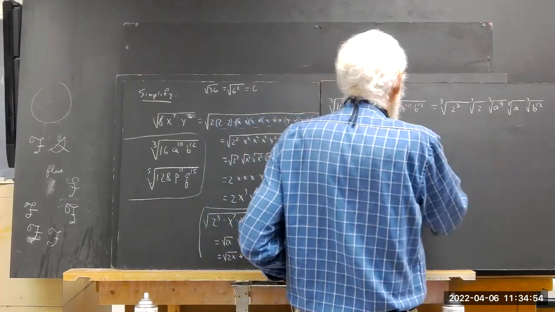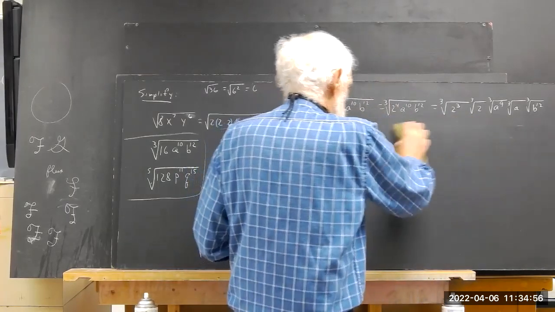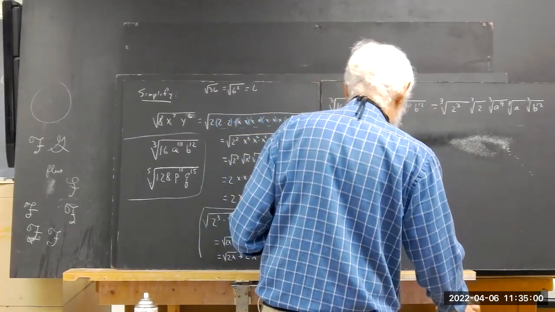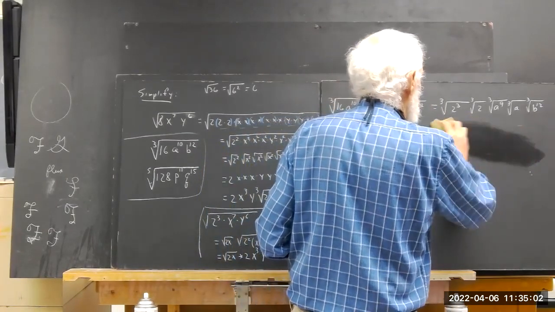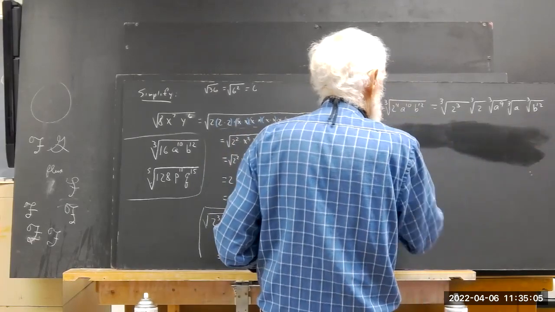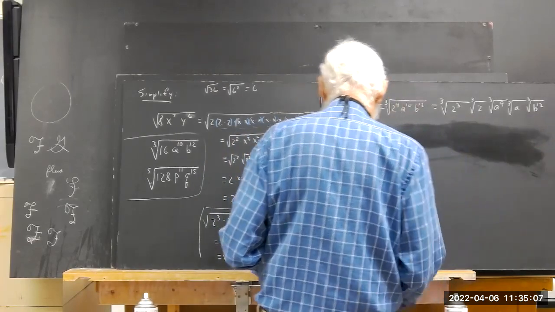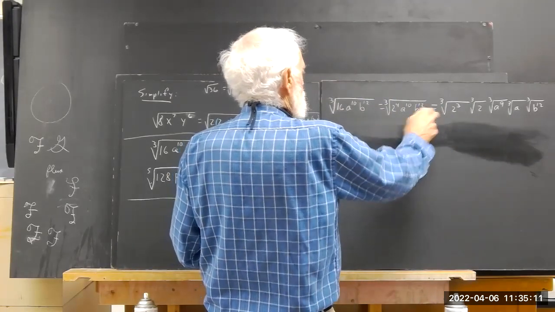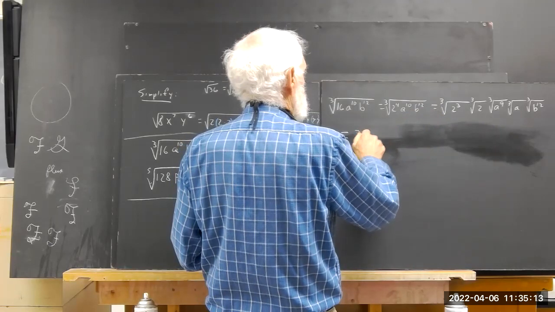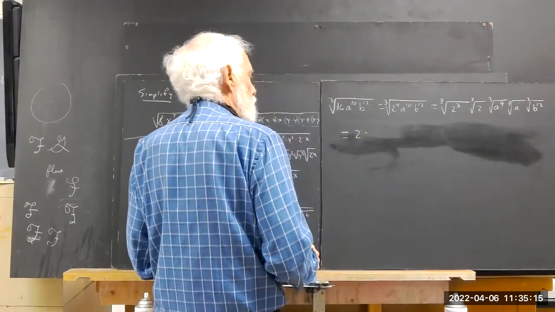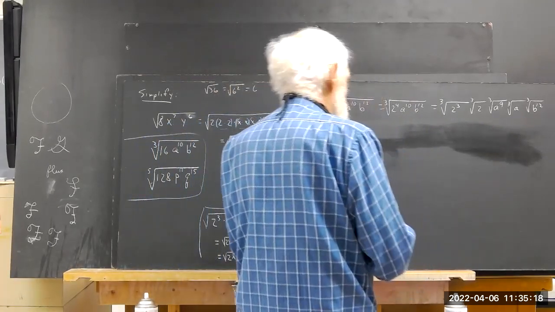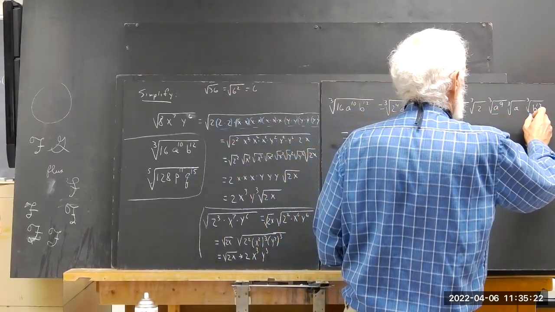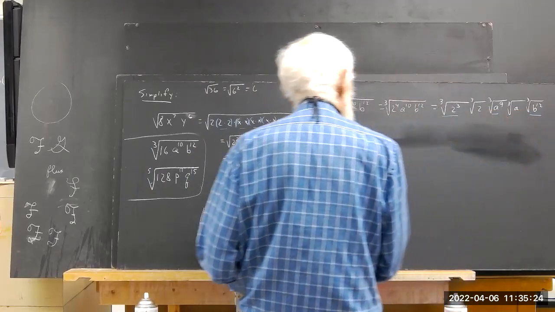Just to give myself a little bit of room. Cube root of 2 cubed is 2. And okay, what we're going to do is we're going to do this, we're going to do this, and we're going to do this, and then we'll have these left over.